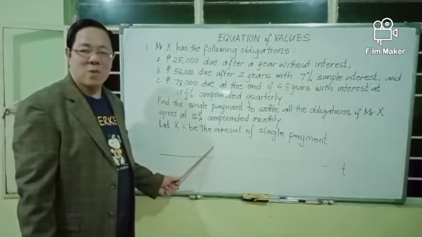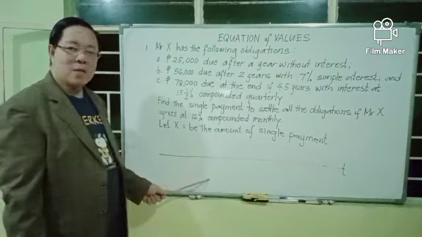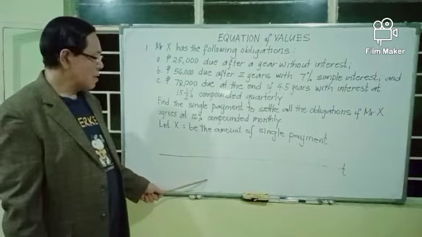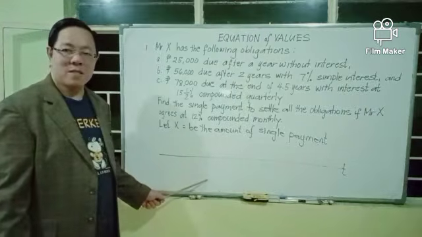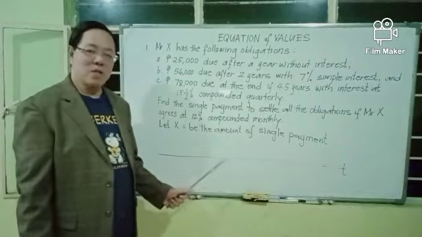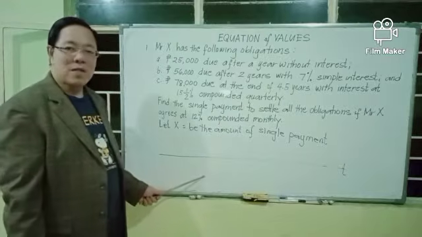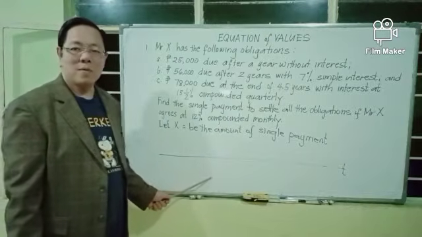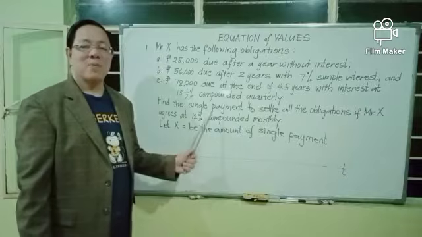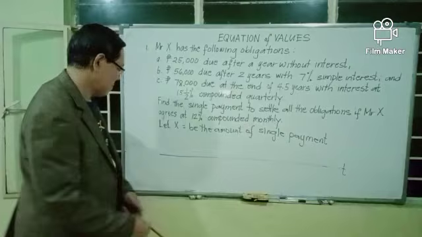Above the timeline, we write the maturity values of the obligations, and below the timeline, we write all the required payments. In this particular example, there is only one single payment required.